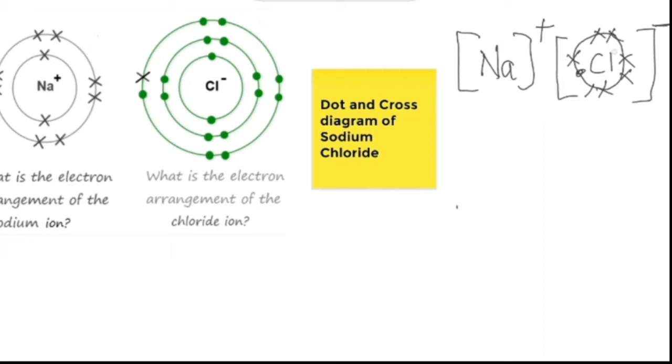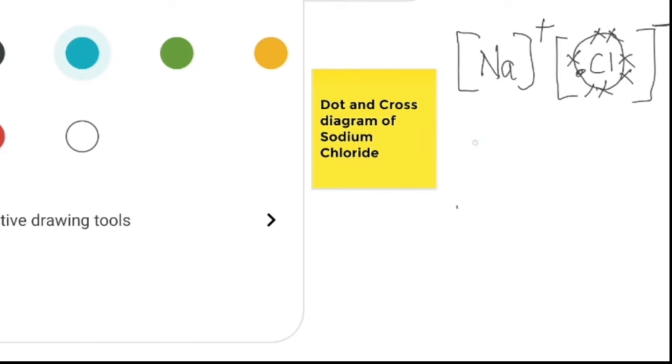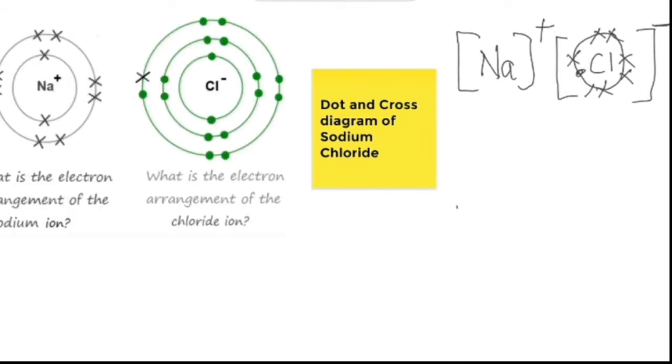So what do you think would be the formula of sodium chloride? It's just one sodium ion and one chloride ion, right? So this would be the formula of sodium chloride, NaCl. So NaCl is the formula of sodium chloride.